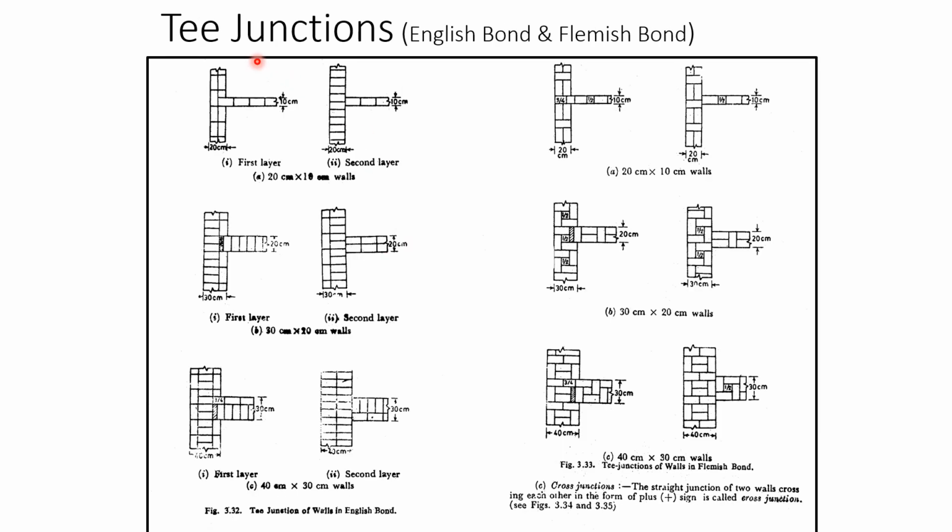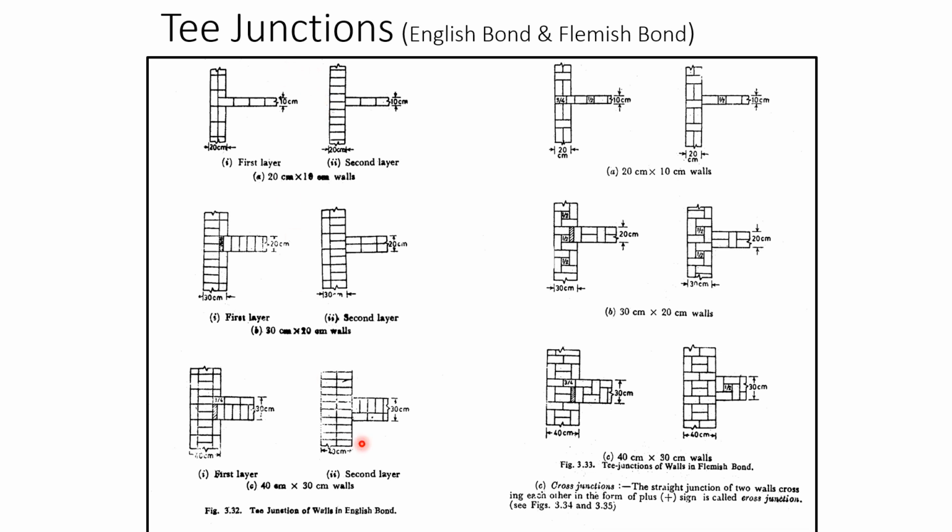Now T junctions, for English bond and for Flemish bond. For example, when a single 4.5-inch wall and a 9-inch wall intersect, how will the joint occur? The first layer of bricks will be this way and the second layer of bricks will be this way, then the embedment of one brick wall into the other will be proper.